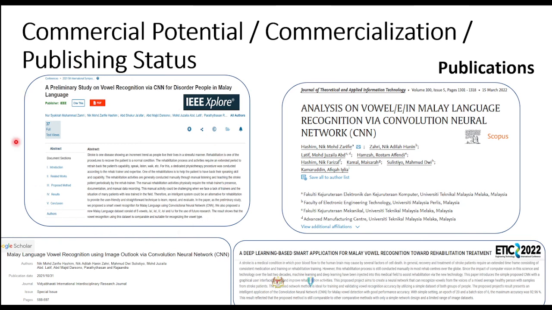This one is the first, in 2021, our earliest research result at an IEEE conference in Turkey, followed by a journal from WAS, then a Scopus journal published in March, not May, 2022, and this one recently presented at ETIC 2022 at University Malaysia Pahang. I presented virtually. In total we have four academic publications.